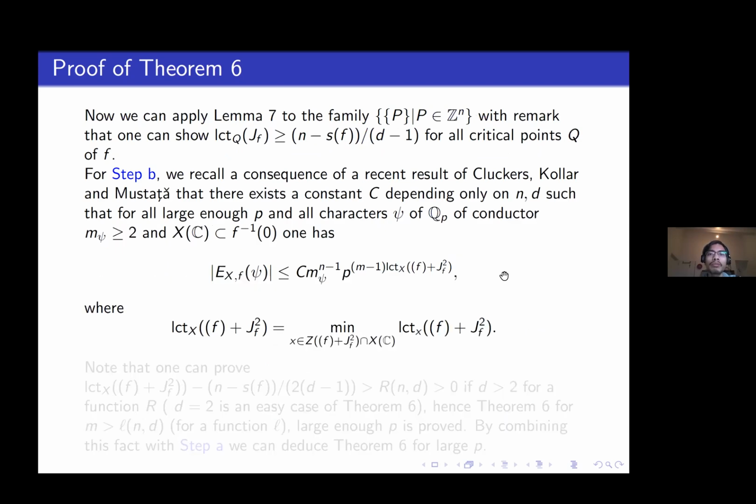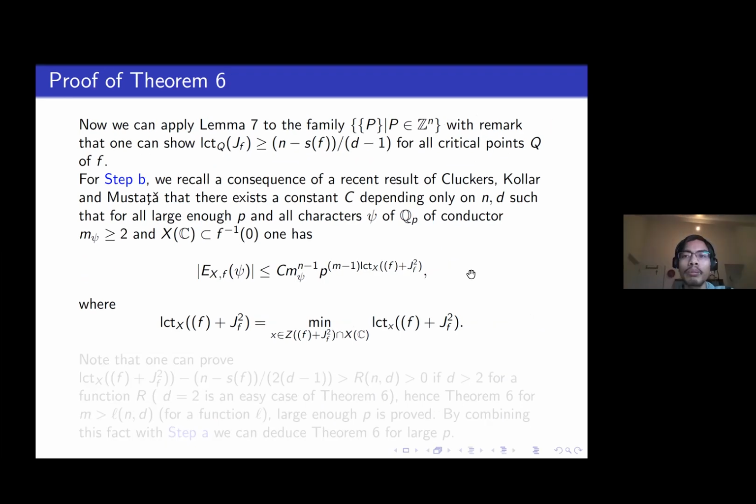And now we can apply Lemma 7 to the family P with p a point in Z^n, and with the remark that we can show that the local threshold of Jf at q is at least m minus n over d minus 1 for all critical points q of f. So now we can finish step A.